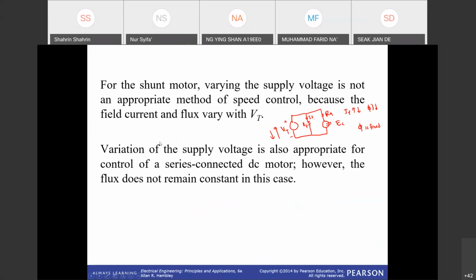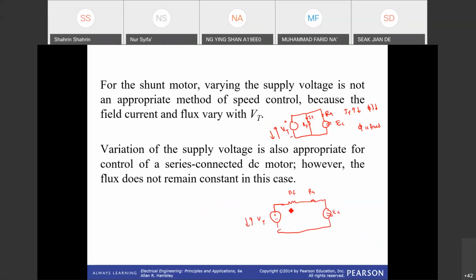Okay, so for the series, this method can be applied, however the flux does not remain constant in this case. Because for the series, for example, the same thing happens. We have RF, and then we have RA here, and then we have the back EMF. So this is VT.